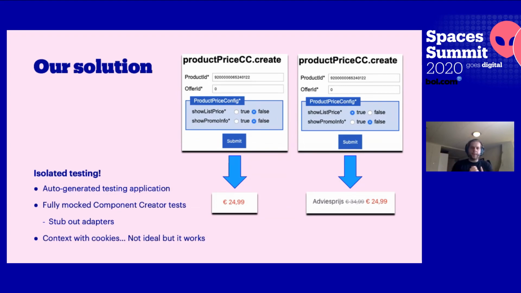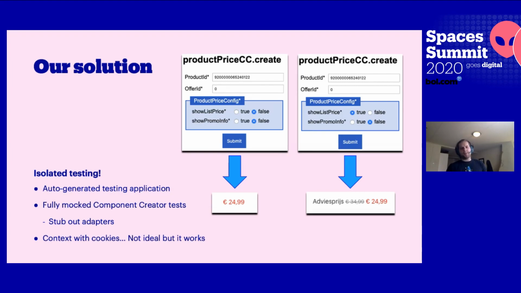So we have built one, and we have an interface that we can use for local development and that we also use for our component tests, where we have just really easy input of our component creators, because all they have is identifiers, which are just strings under the hood, and they have configuration. And the configuration will usually just be either booleans or nested configuration. So we have this really cool testing application where we can just fill in the numbers, select some booleans, and then we immediately see what the output of this will be for the customer.